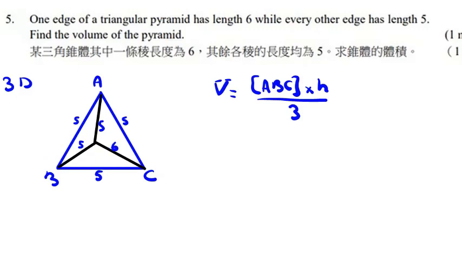Now I want to do something. I draw a perpendicular to this side, and to this side. Also I have a perpendicular from D, it is h, the h that we want, the distance from the vertex to the base plane.